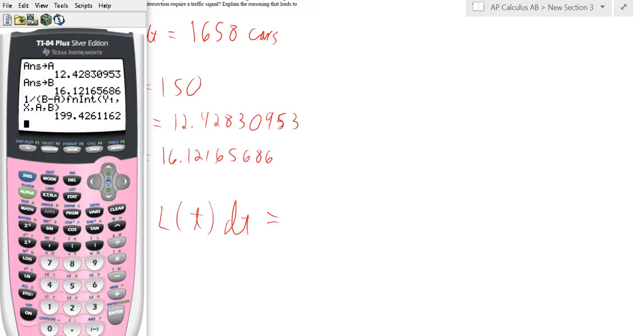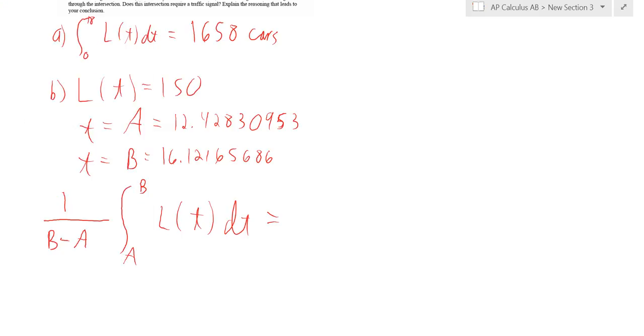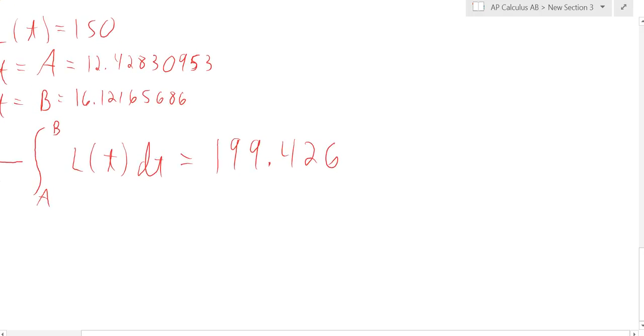Does this say to the nearest whole one too? Or just says what's the average value? Okay, so it's 199.426. Okay, and that's, so if you find the average value of L of t, the units are the same as L of t. So this is going to be in cars, is it hour or minutes? Hour.